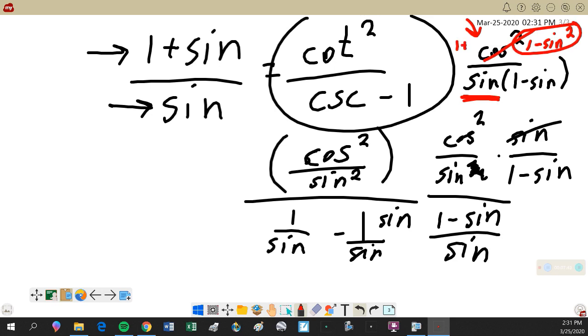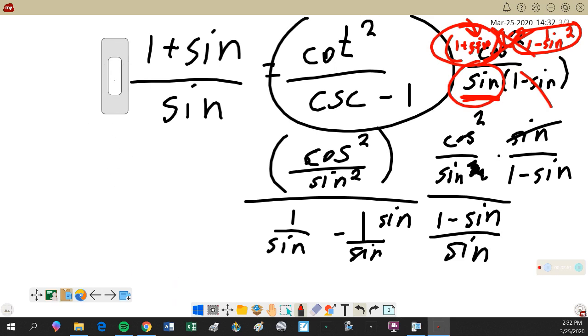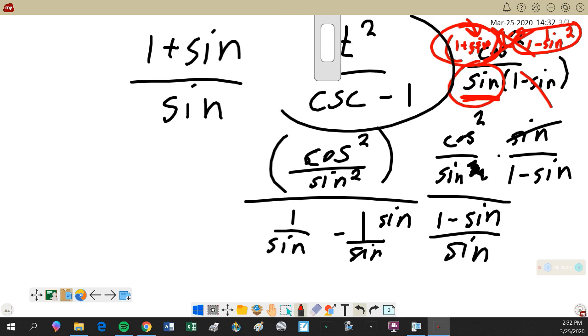It's 1 plus sine and 1 minus sine. So the 1 minus signs cancel, and then I have 1 plus sine and sine. So that worked.